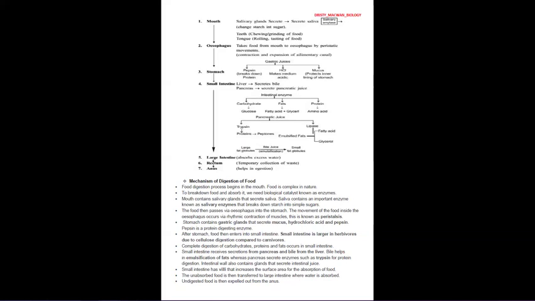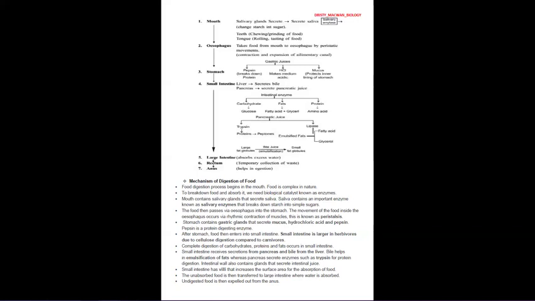Trypsin acts upon the proteins and converts them into peptones, whereas the lipase acts upon the emulsified fats and converts them into the simpler forms, that is fatty acids and glycerol.